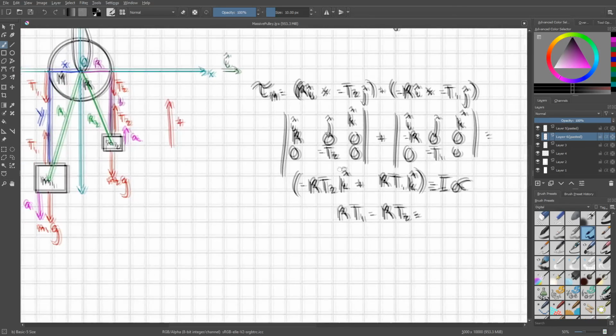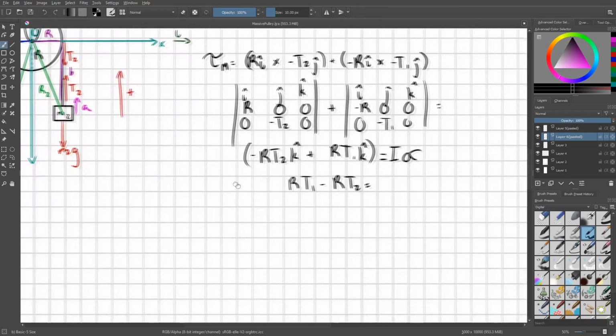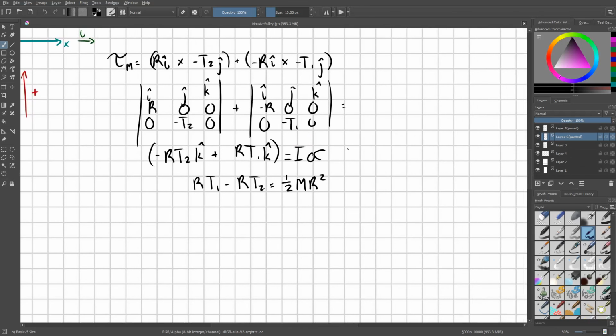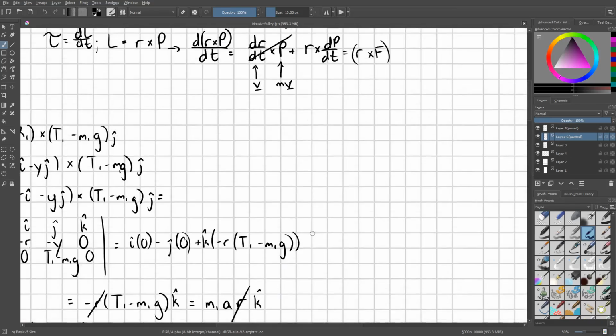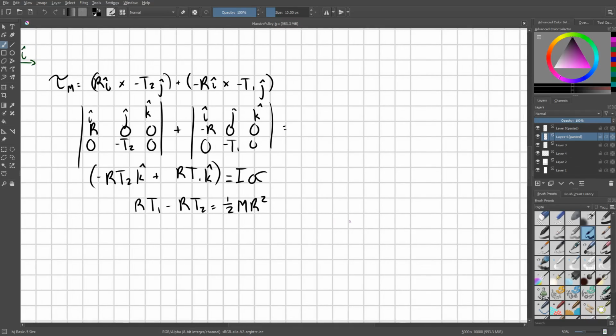Now, what is I? Well, since we're rotating a disk about its center, that would be 1/2 Mr squared. Now, as for what alpha is, at the very beginning of this, I said that the rope does not slip. Therefore, we can write the following expression for alpha. Alpha times r equals the acceleration, right?